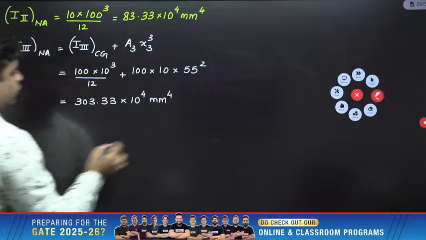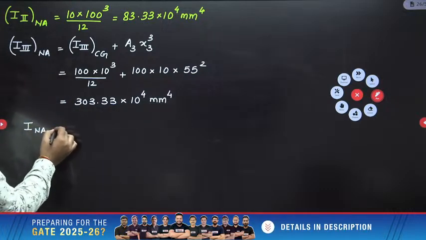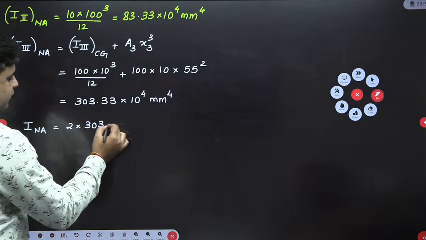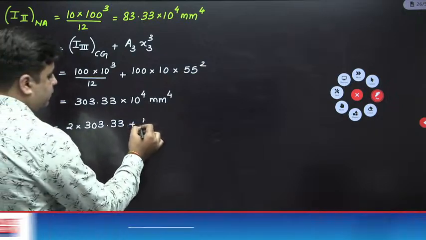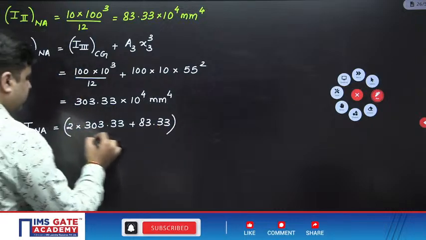Now calculate the total moment of inertia. Total moment of inertia about neutral axis is twice of 303.33 plus 83.33, whole multiplied by 10 raised to power 4.